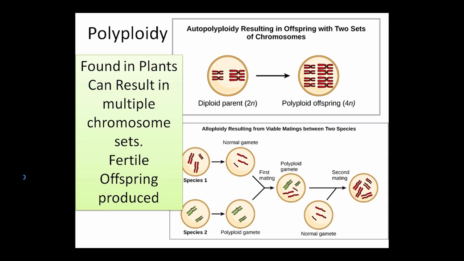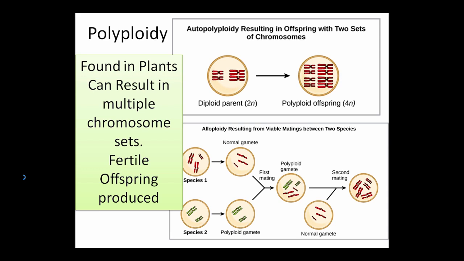Next generation, though, you're going to have a second mating where you have a normal gamete fuse with that polyploid gamete, and you get an even number of chromosomes, and then that particular offspring is going to be quite viable. However, it probably cannot mate with any of the parent plants because of the particular chromosome number. So this is going to allow for speciation in plants where you get different polyploids, different numbers of chromosomes.